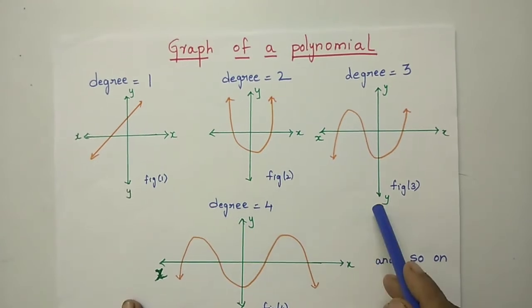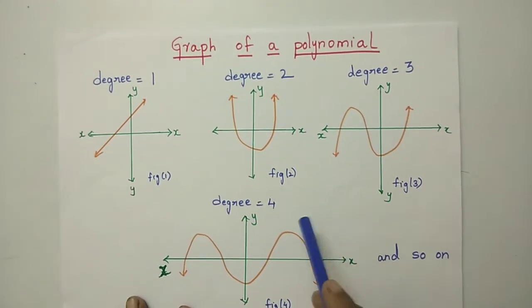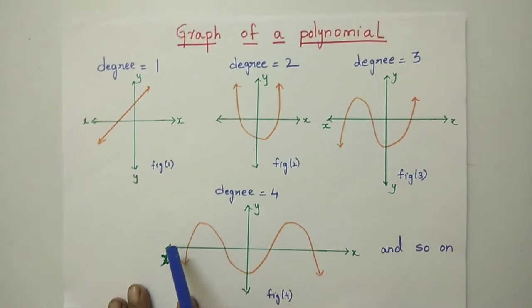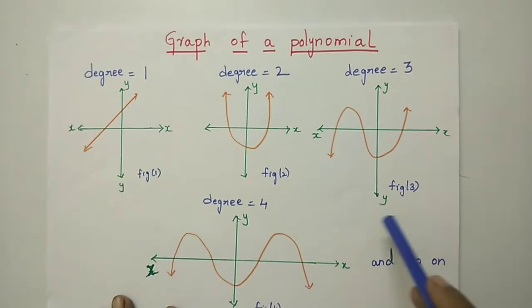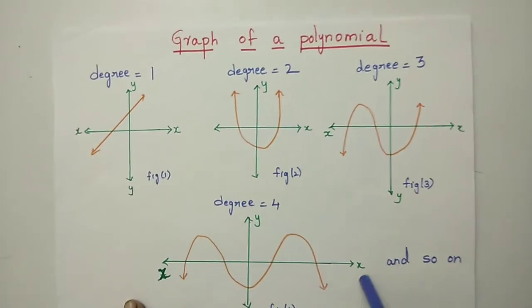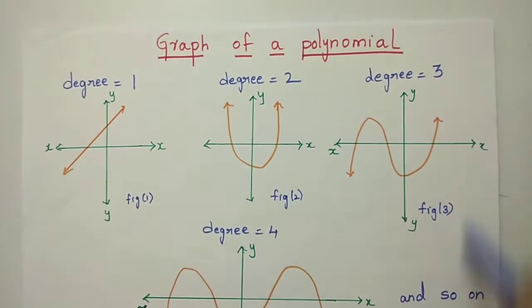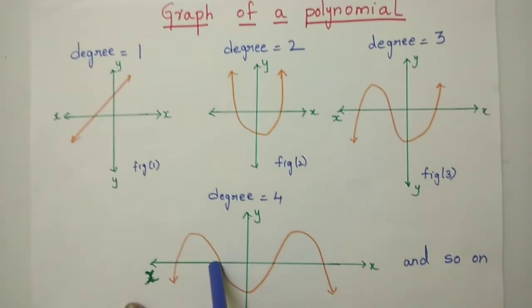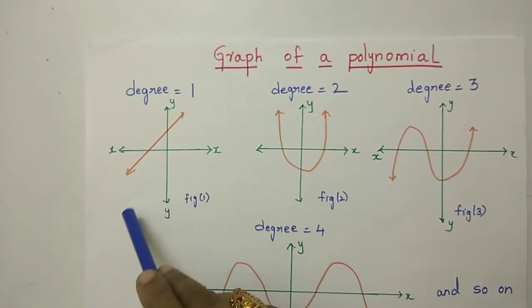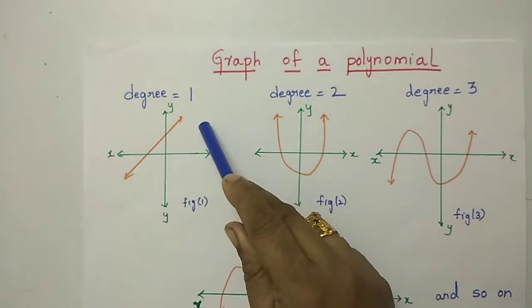Here I have given some figures of polynomials. It is not that all polynomials will be the same as shown in the figures. These are just examples. Now, if you observe in figure 1, the line is in one direction.